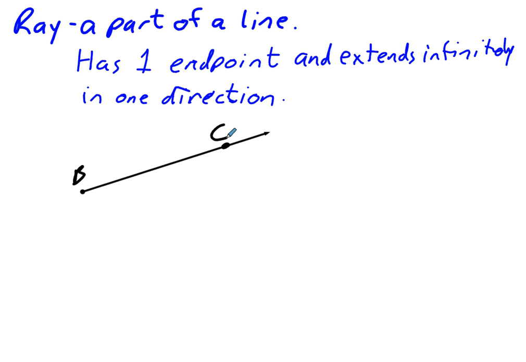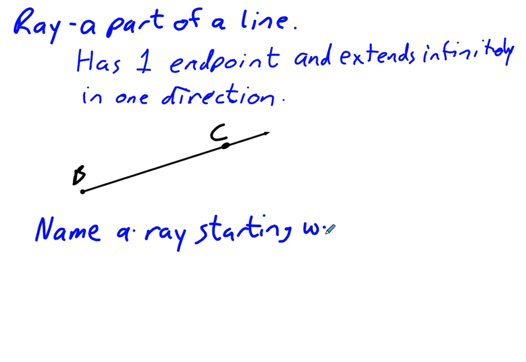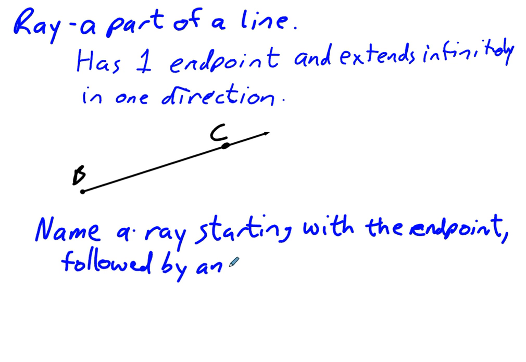So when we name a ray, we start with the endpoint, and then it's followed by another point on the ray.